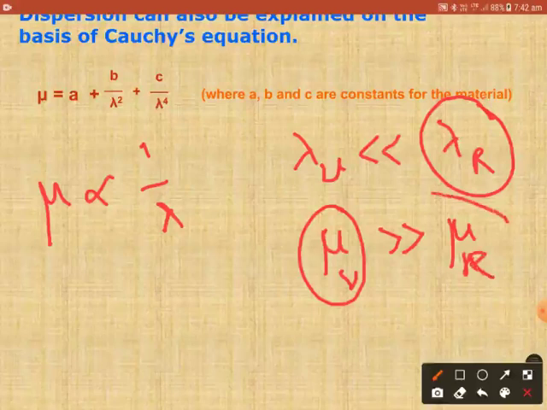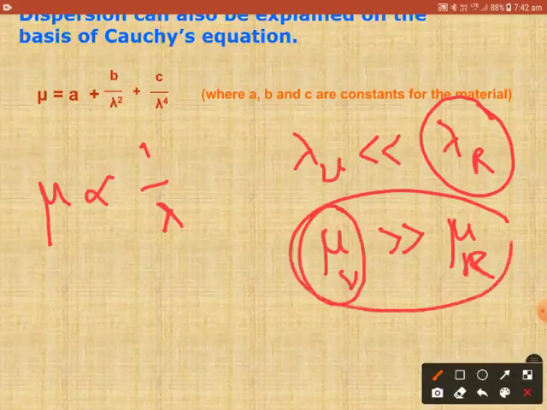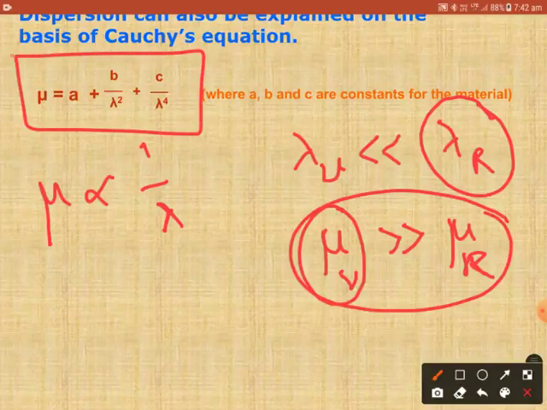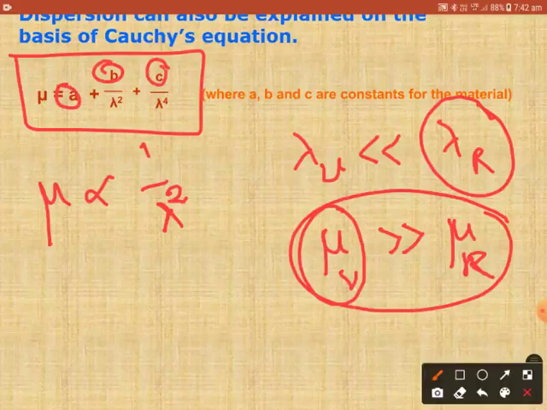So the bending comes from this relation, Cauchy's relation. It says that the refractive index, that means the bending of light, depends upon the wavelength of the light. In the actual relation it should be 1 by lambda square, where A, B, C are constants for the particular material of the transparent medium of the prism.